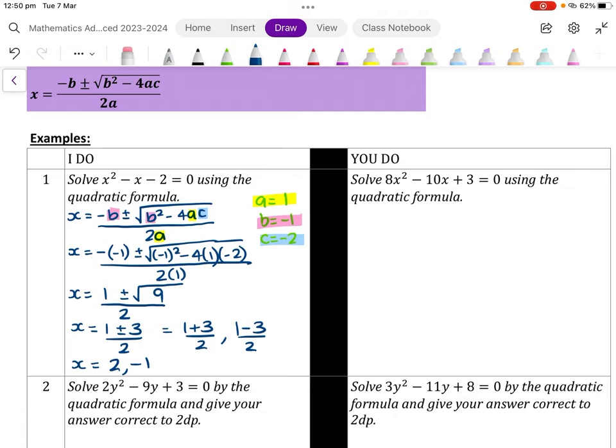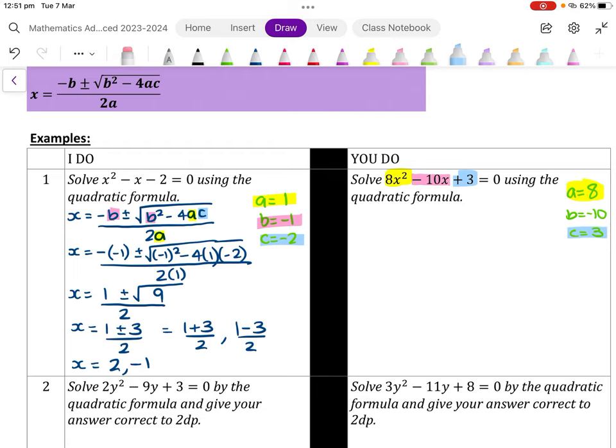Okay, pause the video here and have a go at solving 8x squared minus 10x plus 3 equals 0. So for this, our a is our coefficient of x squared, which is 8. We then have our b is our coefficient of x, which is negative 10. And then our c is our constant, which is positive 3.